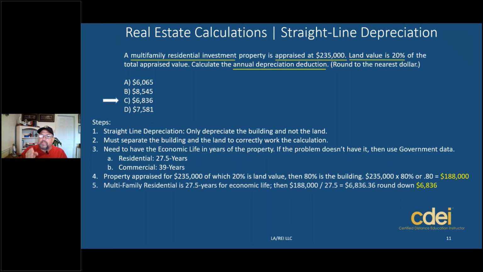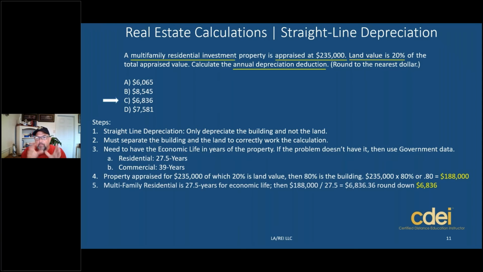Be careful with this because they could have a question that says calculate the total depreciation. So that would be $6,836 per year times whatever the age of the building may be. They don't give you that information. They just want to know what the annual depreciation deduction is.